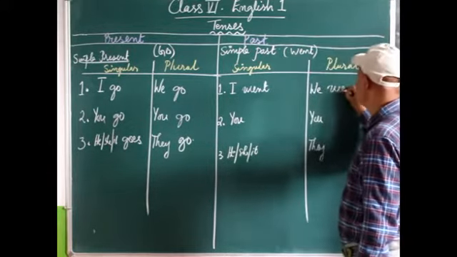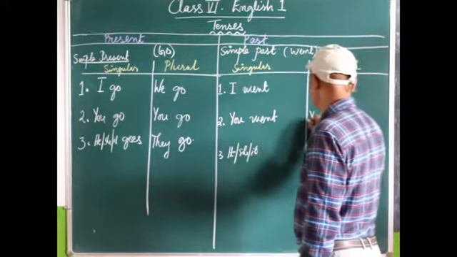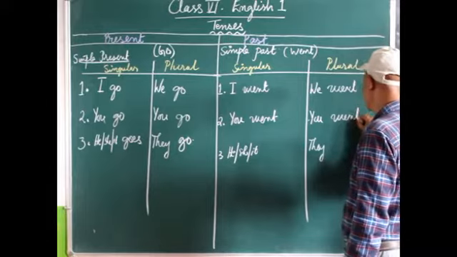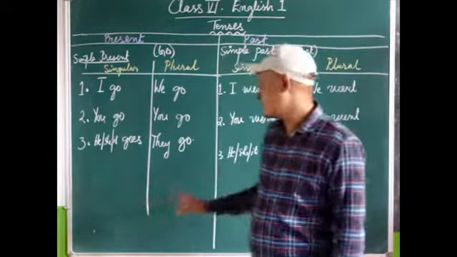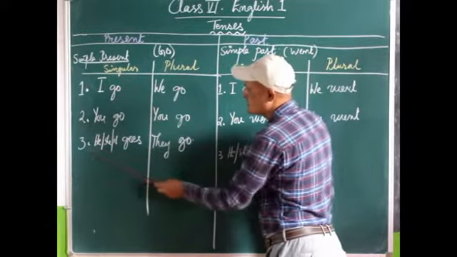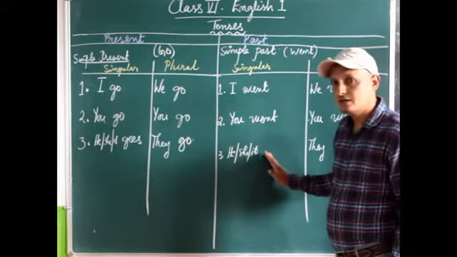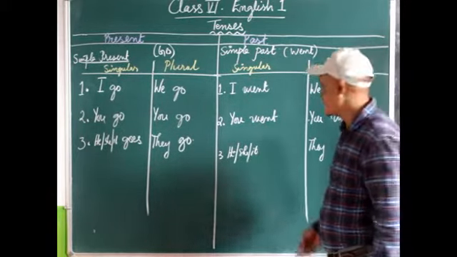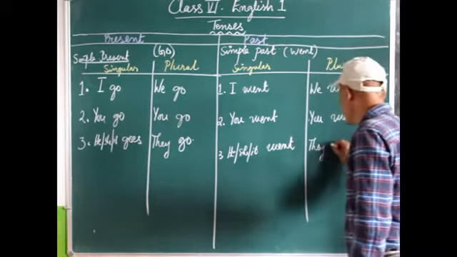We went. You went. You went. He, she, it went only. No changes here. As in the case of simple present, third person singular, the verb takes S. But in the simple past, the verb remains the same. That is, he went. They went.